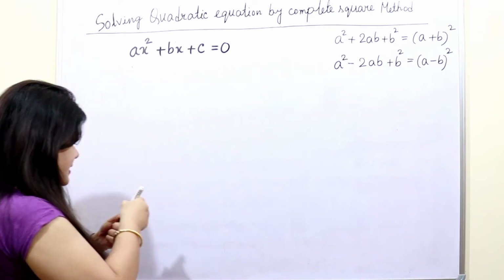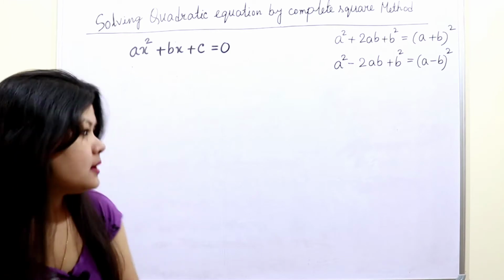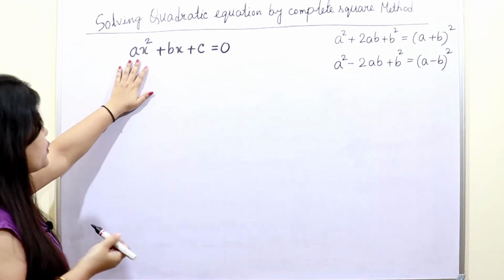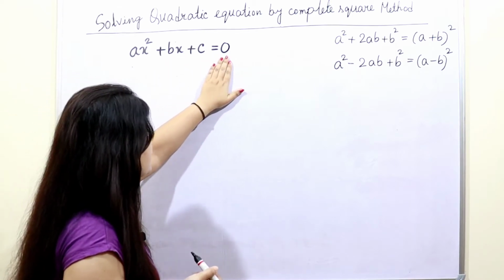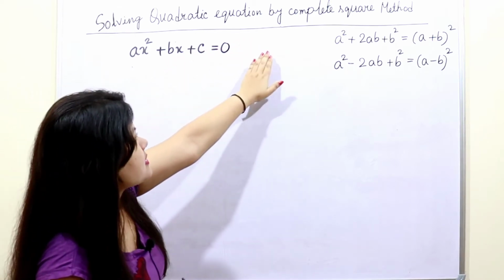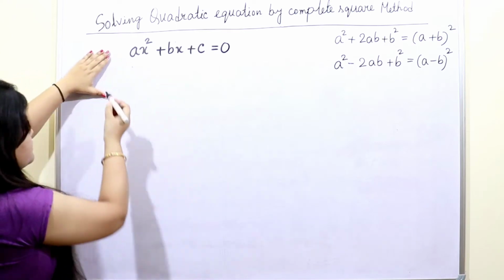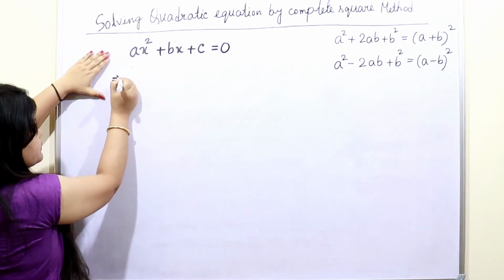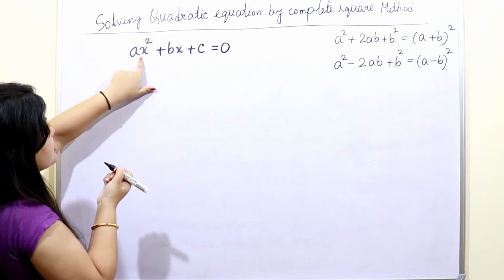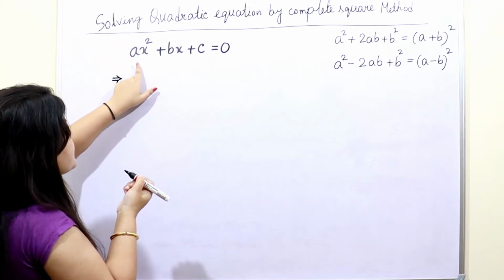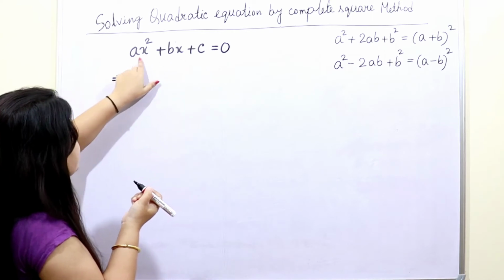So let's get started. First of all, this is the equation ax square plus bx plus c, which we will convert to a perfect square. Here a is the coefficient of x square, so first of all we will divide the equation by a.